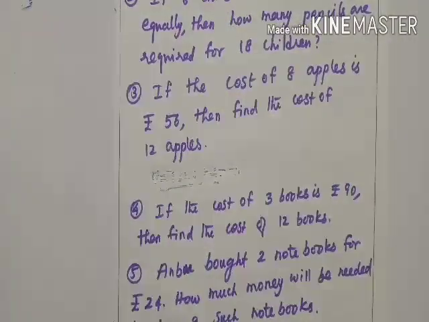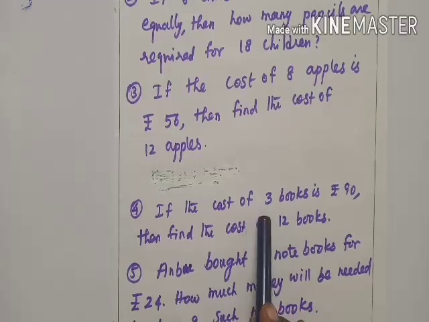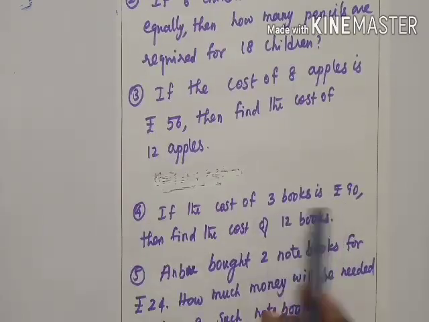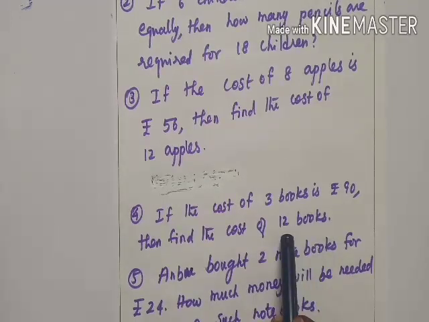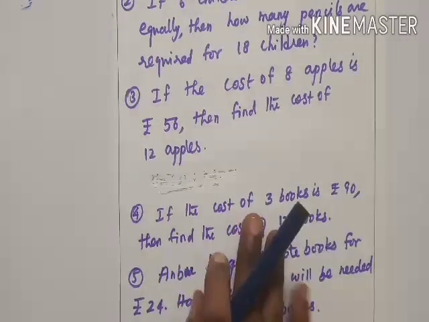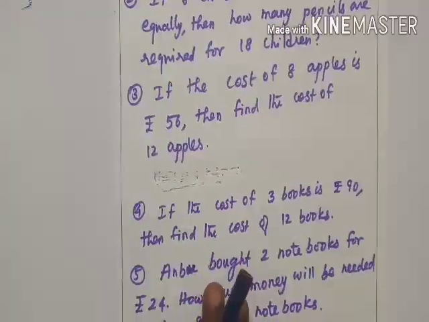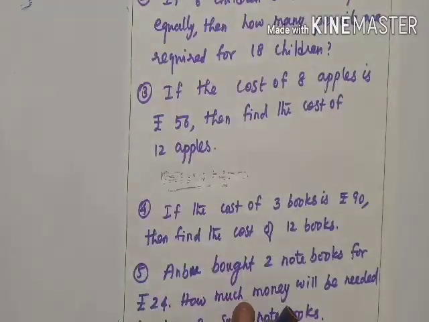All these sums you have to do only with the direct proportion method. Am I clear? Actually you can do these sums very easily, but you have to do all these 6 sums only with the direct proportion method.